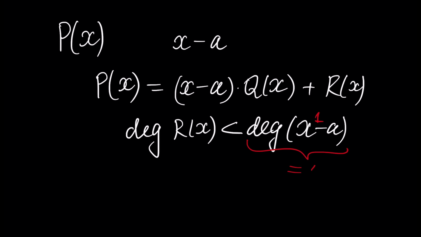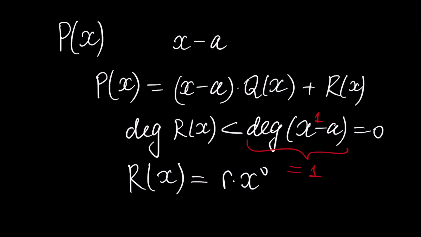That's why the degree of the remainder, which is less than 1, must be 0. And our remainder must have the form of some constant times x to the power 0, which is 1. Or this is just some constant r.